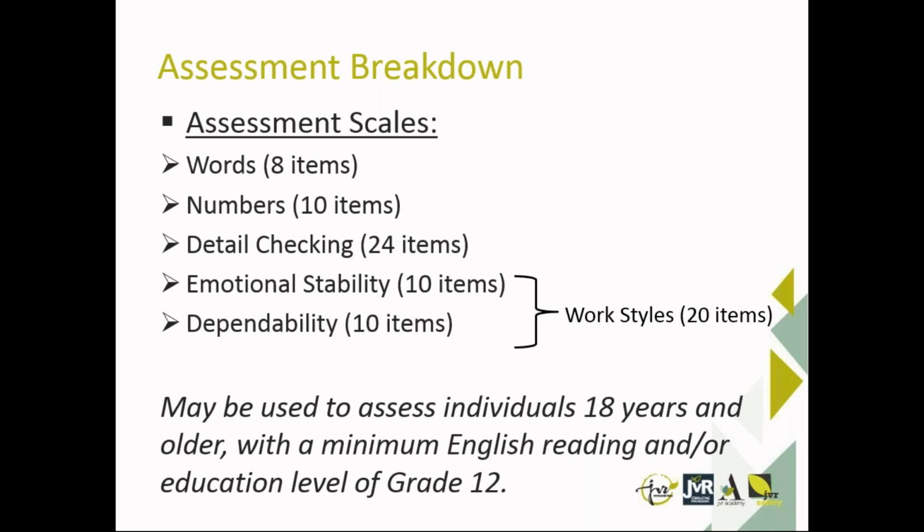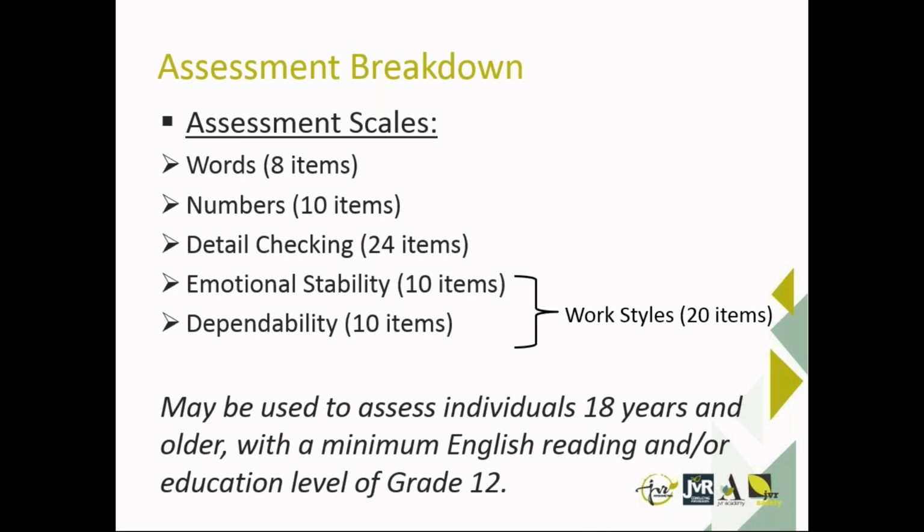Our next scale is work styles of 20 items, which is broken down into emotional stability of 10 items and dependability also of 10 items. What this looks at is your candidate's behavioral orientation towards working environments. This scale measures whether the candidate is emotionally stable, or not prone to anxiety, self-doubt, and fluctuation of mood, and dependable.